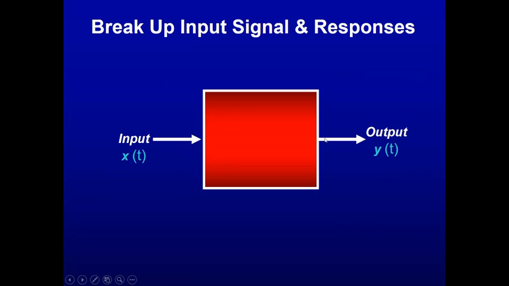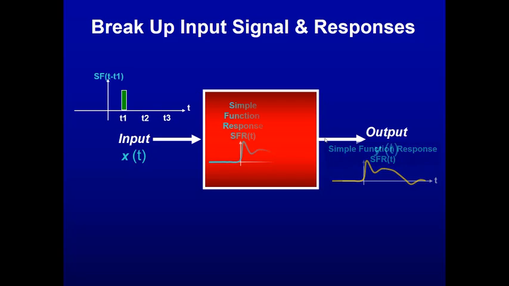So what we're going to do is break up our input signals into simple functions whose outputs we either know ahead of time or can easily determine mathematically. If I put one of those simple functions in, we see what the output is. We'll call it a simple function response.